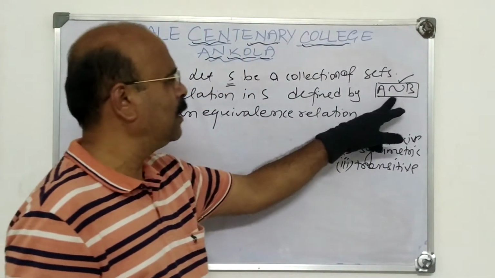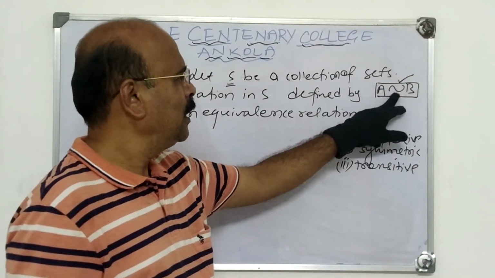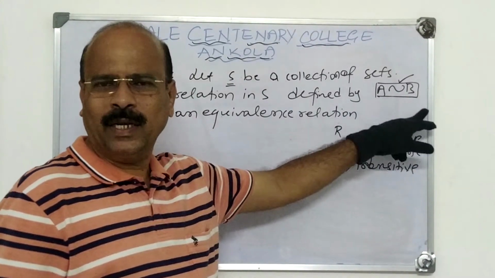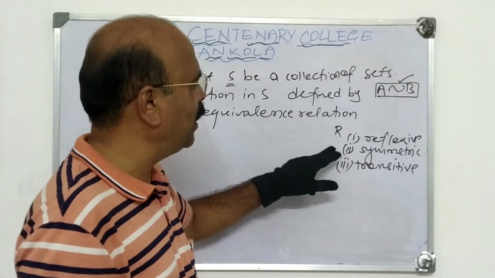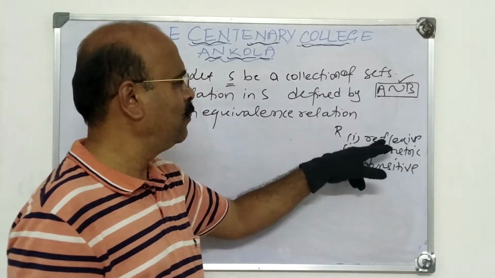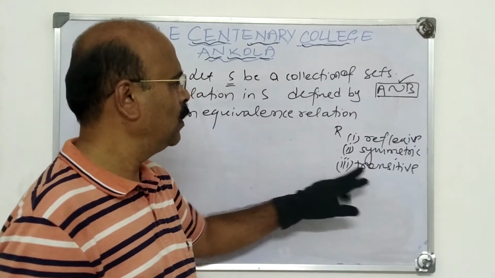What is the relation here? The relation is equivalent to, A is equivalent to B. Prove that this relation is an equivalence. What you have to prove now? It is reflexive, symmetric, transitive.